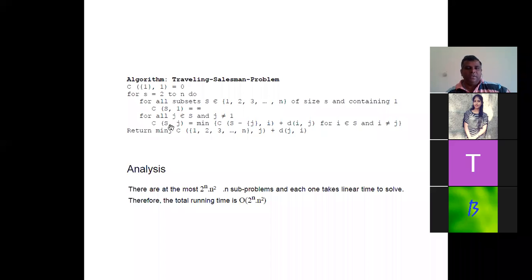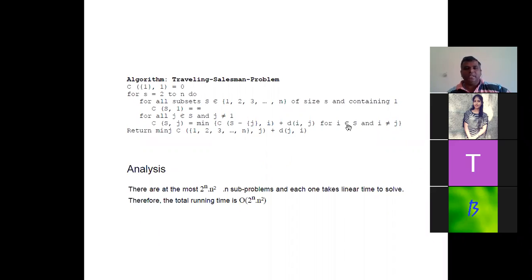So C of S comma J is the minimum of C of S minus J comma I plus the distance I to J, whatever expression I mentioned. Then return the minimum of all these values; whichever is minimum, that value we have to return. So this program is very simple.